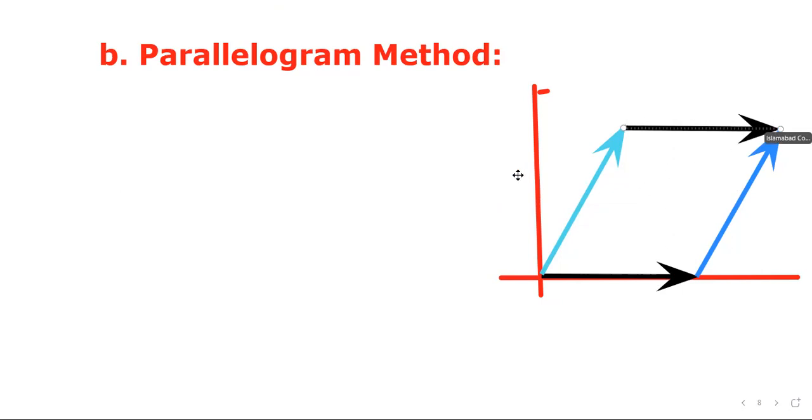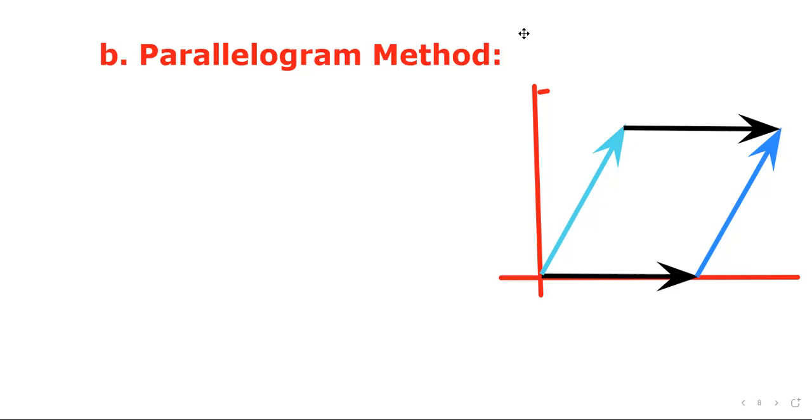Okay, so the image of black is black and the blue is blue, light blue is dark blue, suppose. So now you can see, by doing this we have made a parallelogram. It's a parallelogram.